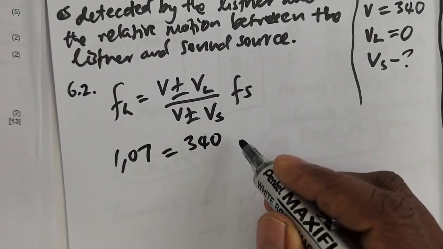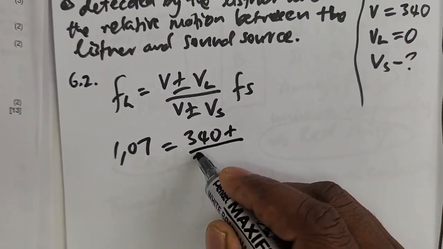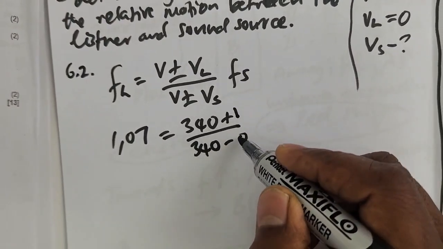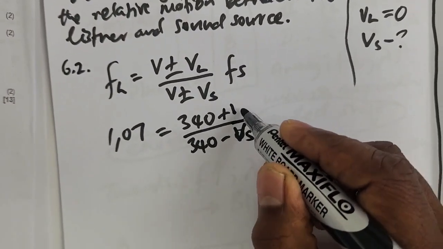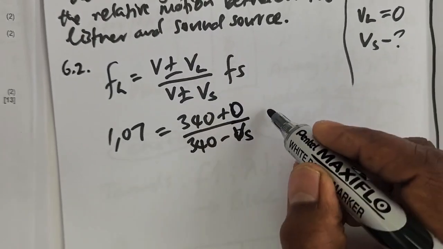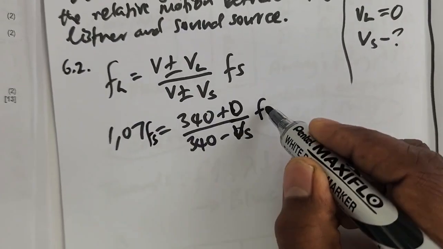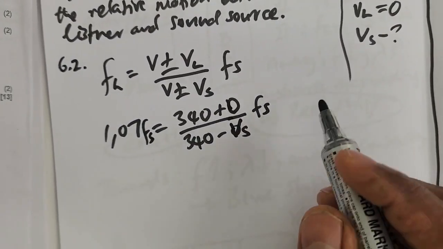Therefore 1.07 equals 340 plus 0, divided by 340 minus Vs, multiplied by Fs. The motion is towards, therefore I start with positive in the numerator. Fs and Fs cancel out.